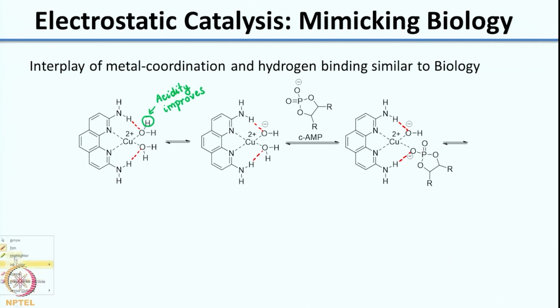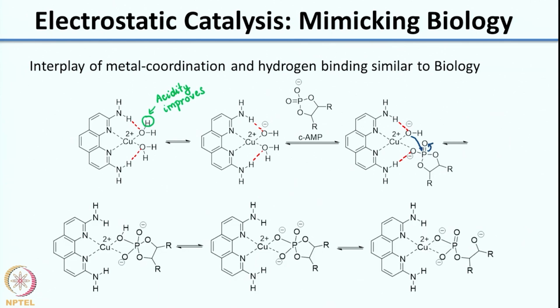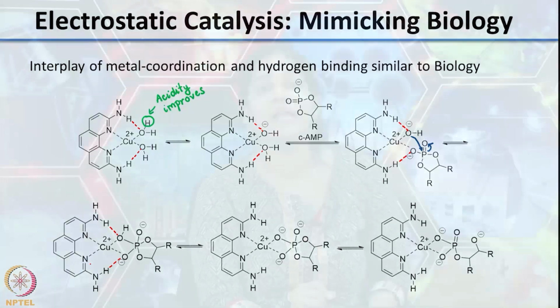So you have the OH minus adding to this phosphorus center, and what you get is this intermediate shown right here, alright. Now in the intermediate, as before, you have the hydrogen bonding interactions. So this intermediate is also stabilized by the complex due to hydrogen bonding interactions as well as metal coordination.